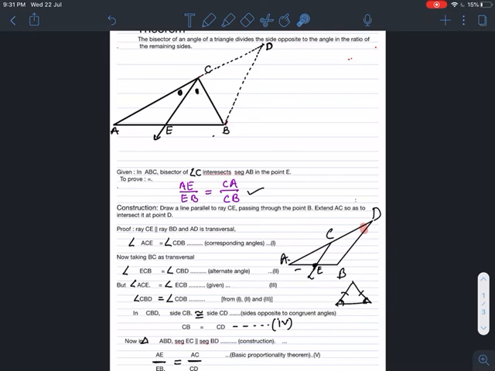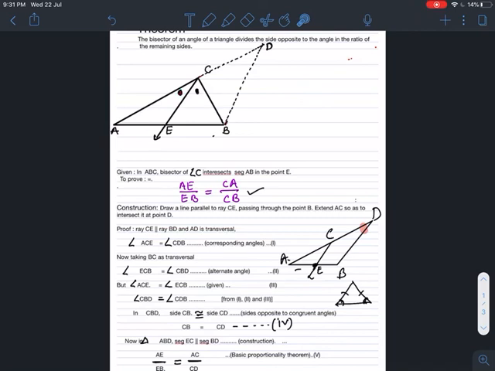By using the property of these two lines being parallel, this has a transversal, therefore these two alternate angles are equal. These two corresponding angles are equal, these two alternate angles are equal, but these two are equal only because it is an angle bisector.